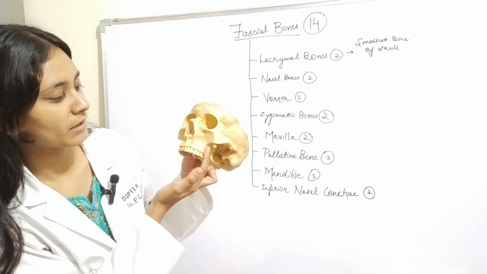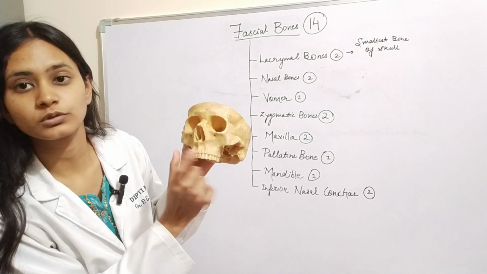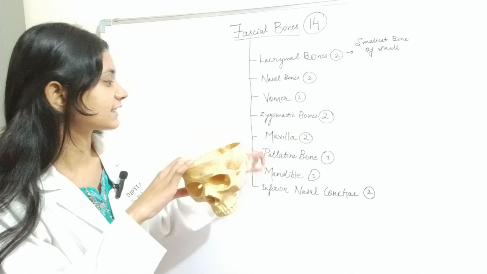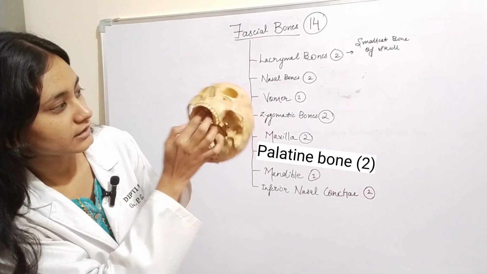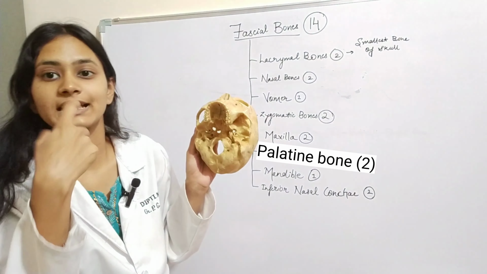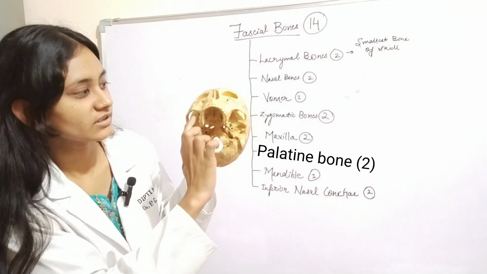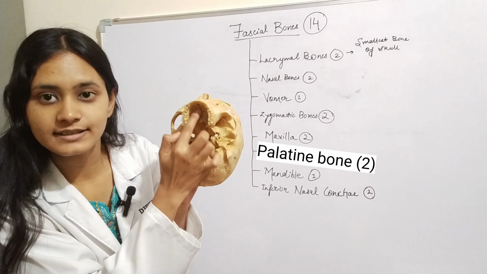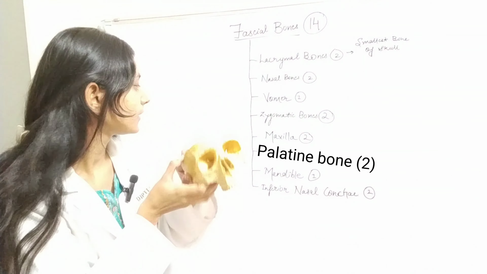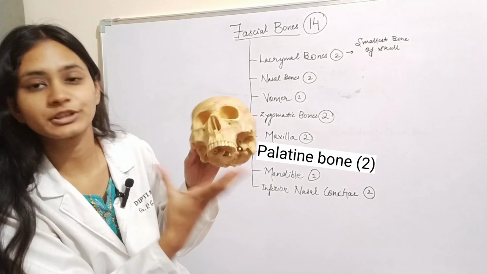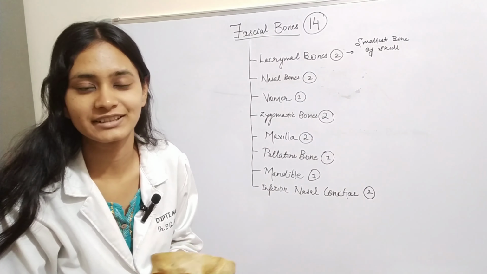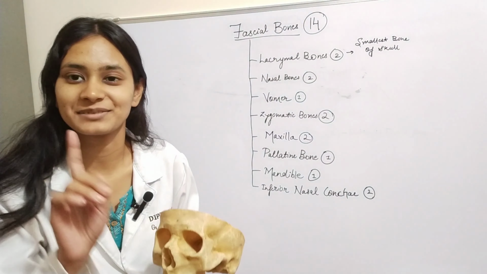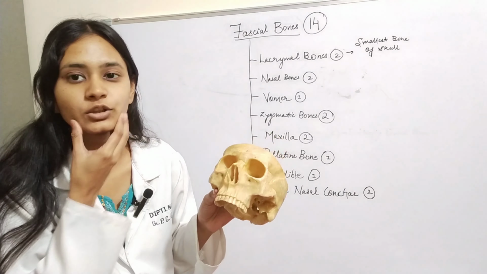This is your maxilla, 2 in number, and now we have palatine bone, which is here towards the inner side of your maxilla. This is your maxilla and the inner side is your palatine bone. Now it is mandible. We do not have mandible here. So mandible is 1 in number. It is your lower jaw.